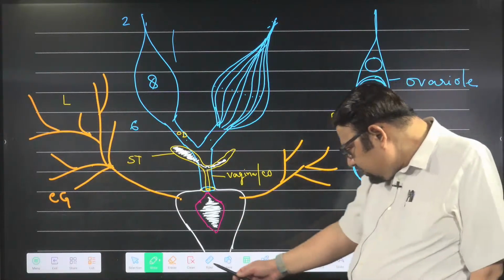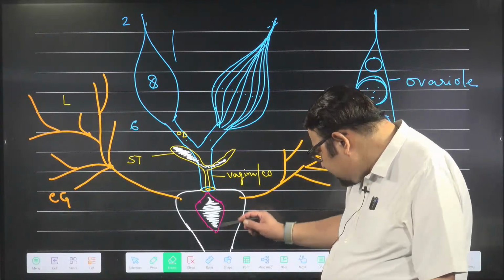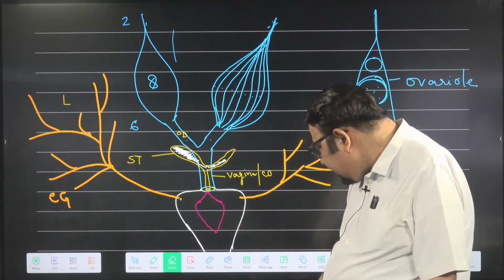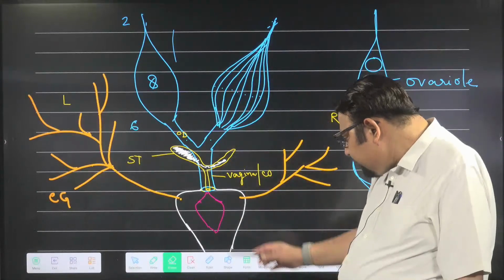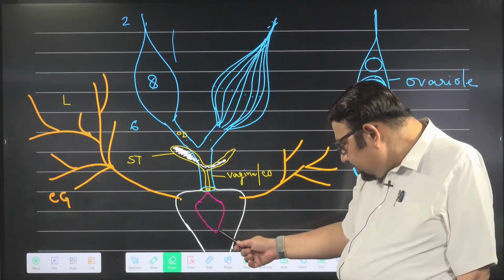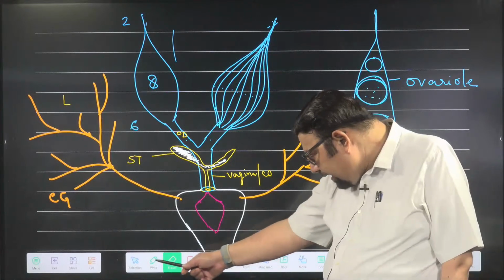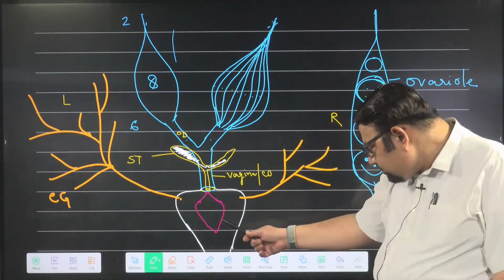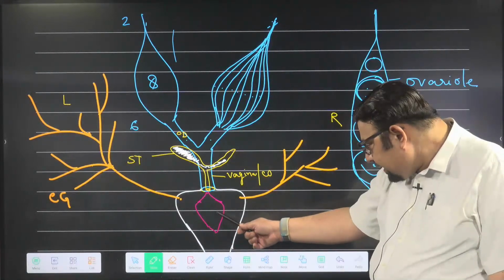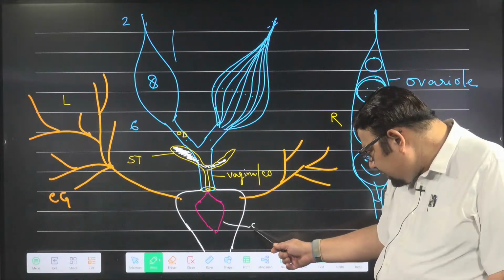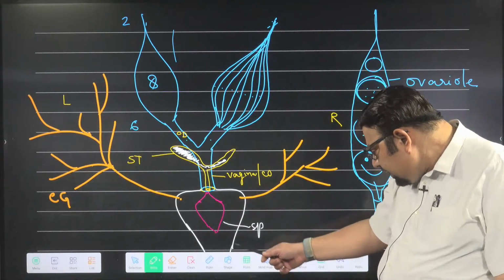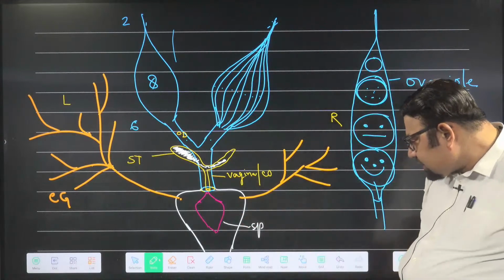Now the sperms are not there in the spermatophore; they have all moved inside. And when this becomes empty, this is dropped out. This is the spermatophore, SP. An empty spermatophore is dropped out.